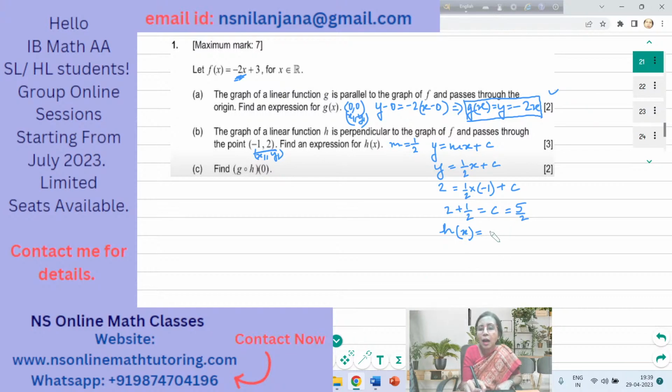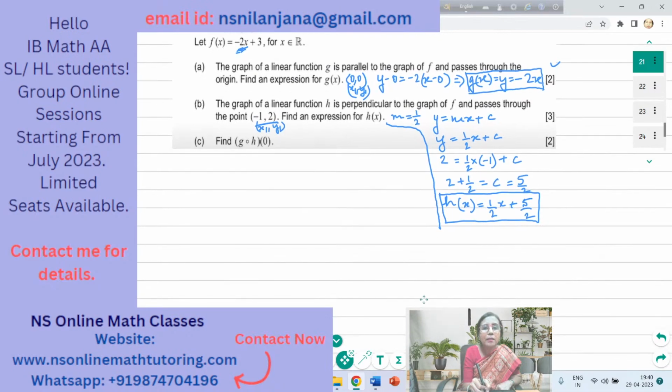This is half x plus 5 over 2. So this is the working of subpart B.